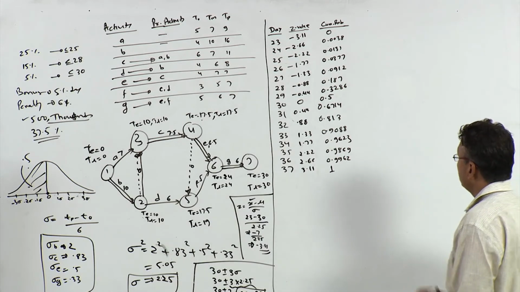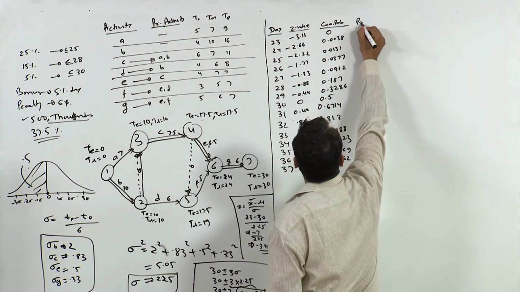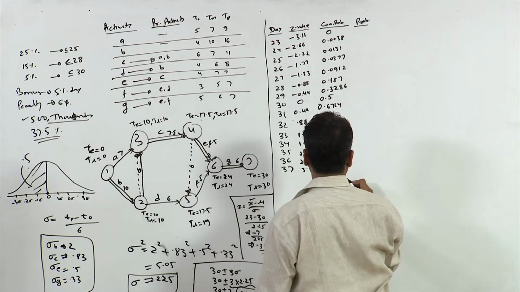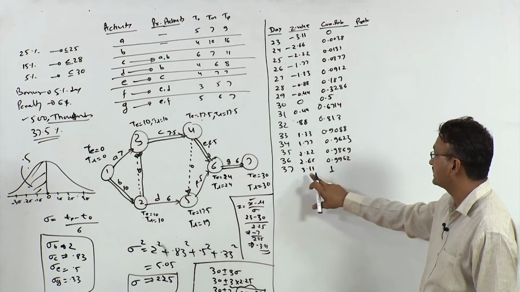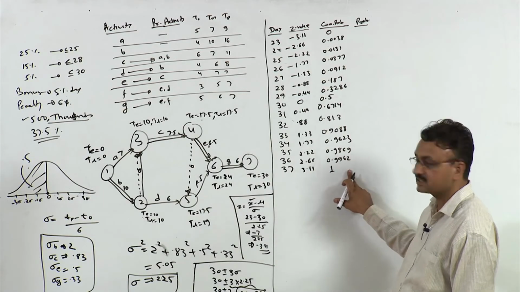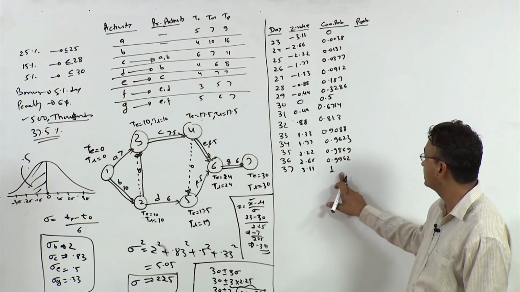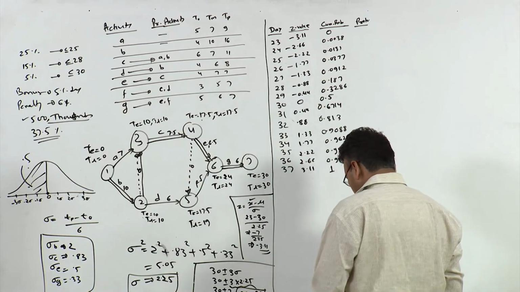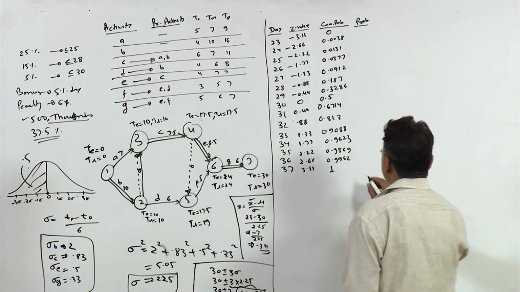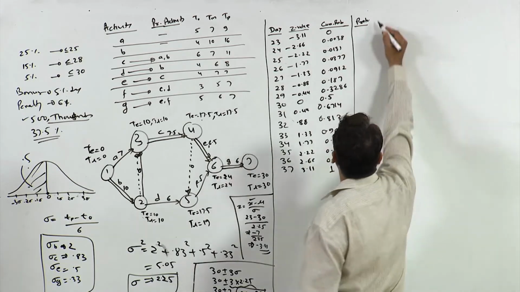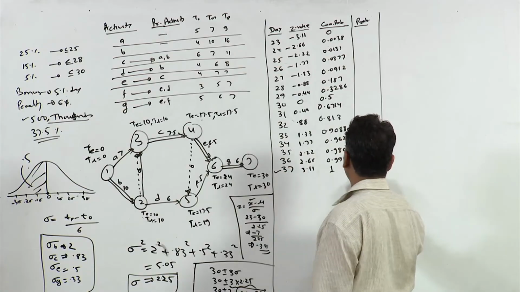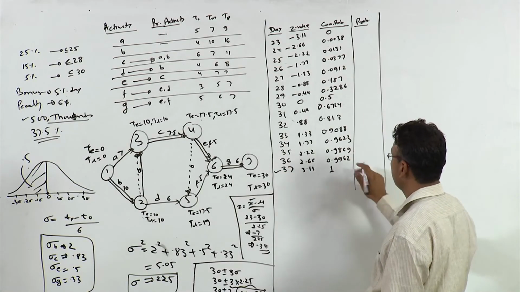Now since you know these are cumulative probabilities, you can easily calculate probabilities, right. So let me say, I know that the area under the curve when Z is 3.11 is 1, or 100%, right. So the probability for this particular 37th day would be 1 minus this, okay.